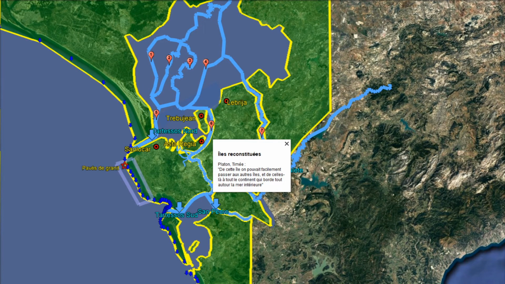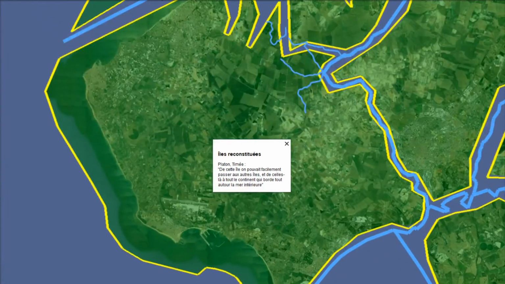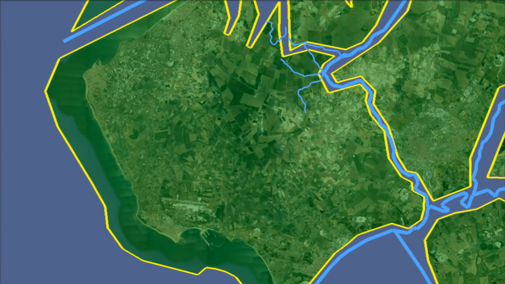This confirms Plato's writings. "From this island one could easily pass to the other islands, and from those to the whole continent which borders the inland sea all around." The inland sea corresponds to the Ligustine Lake, of course. We can now see the island of Atlantis surrounded by the arms of the Tartessos.